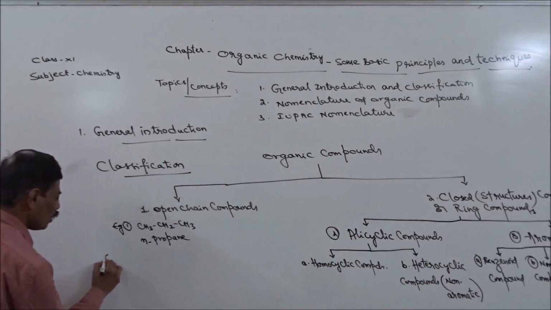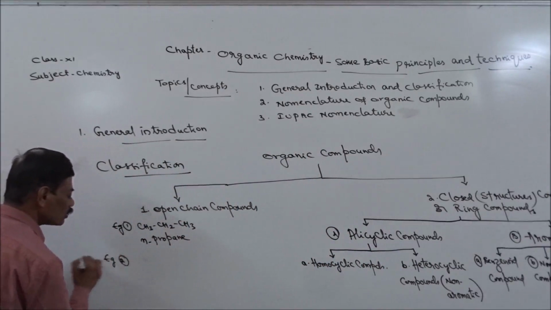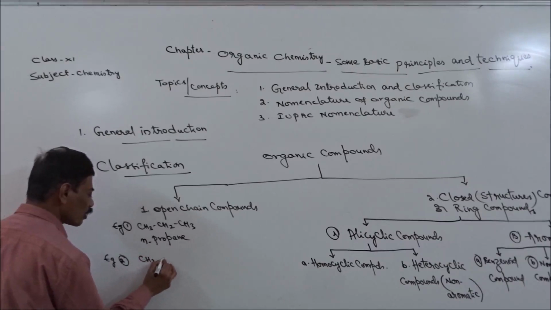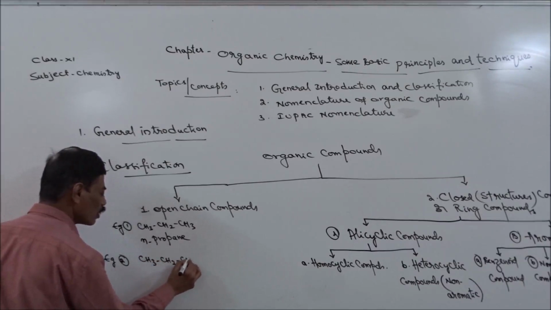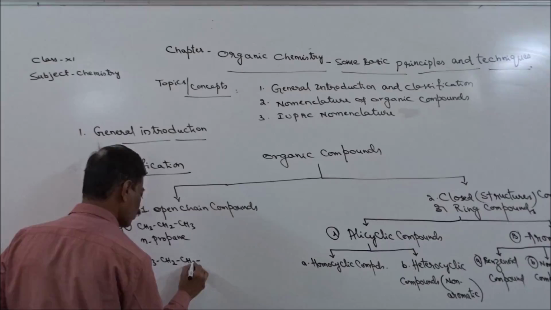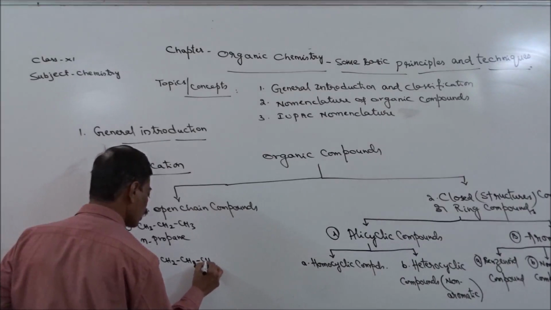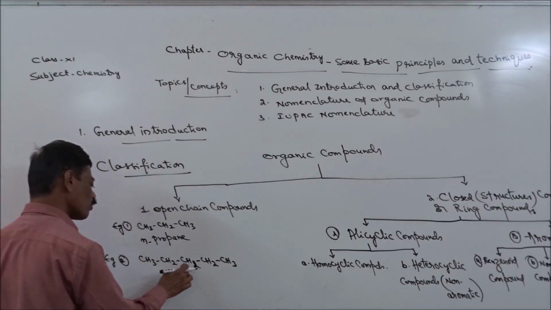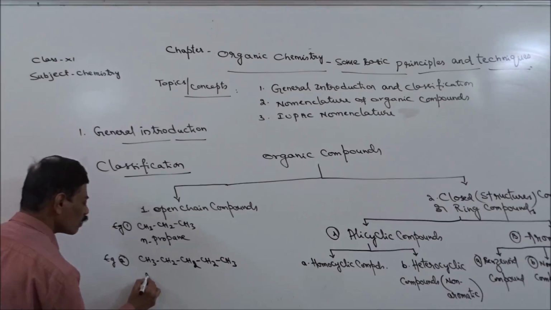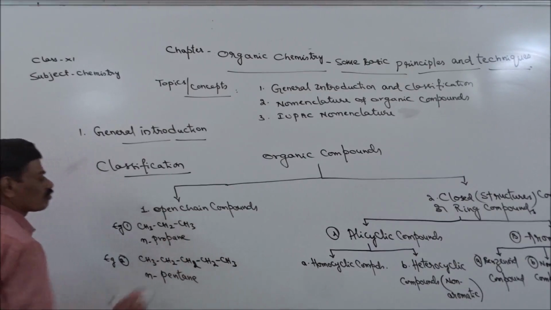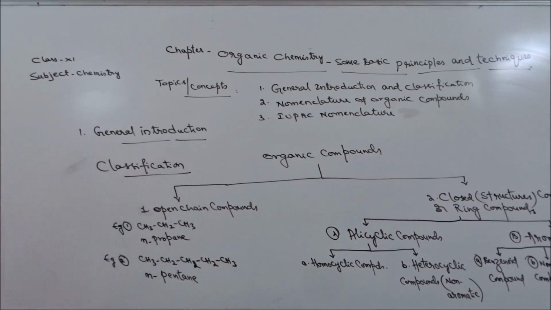Next, example 2. CH3, CH2, CH2, CH2, CH3. Altogether we have 5 carbon atoms. So it is N-pentane. And these are nothing but the open chain compounds.